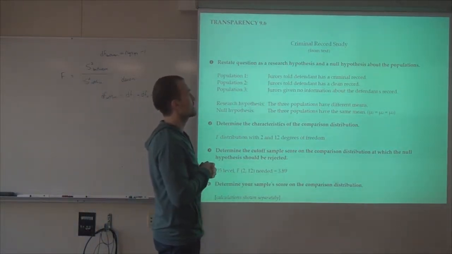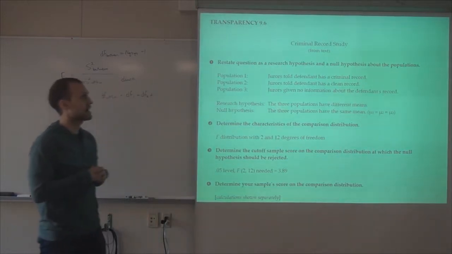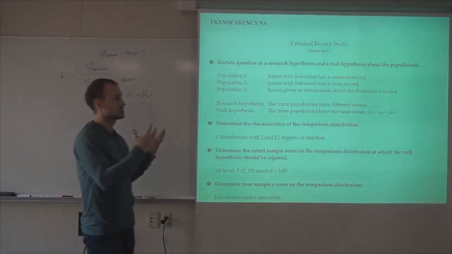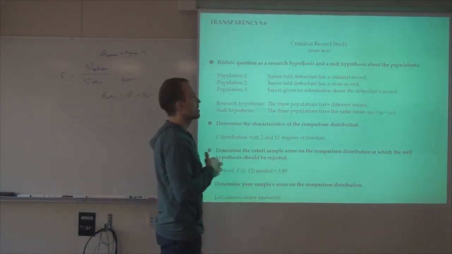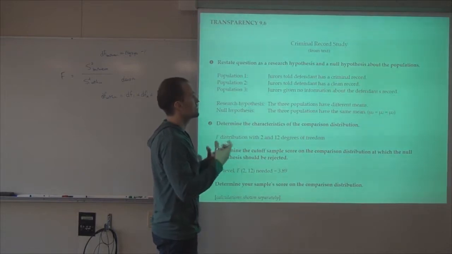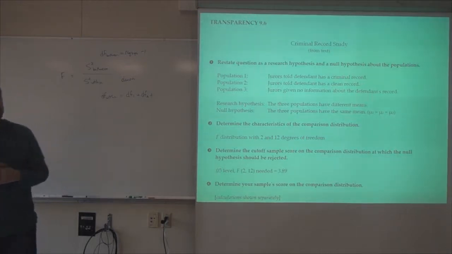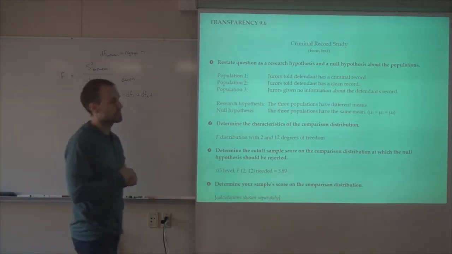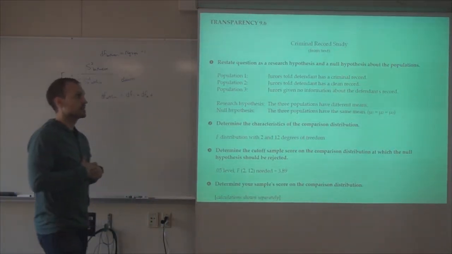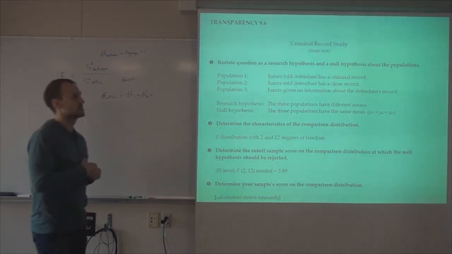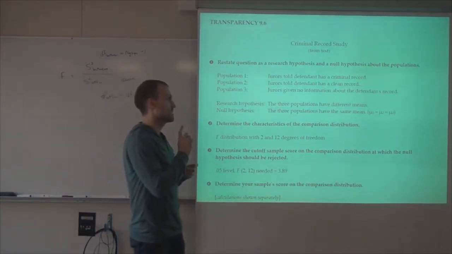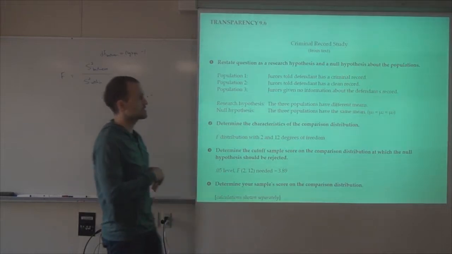So in this example, we have 3 groups, and each group is given different information about the defendant. Group 1 is told that the defendant has a criminal record. Group 2 is told that the defendant has a clean record.